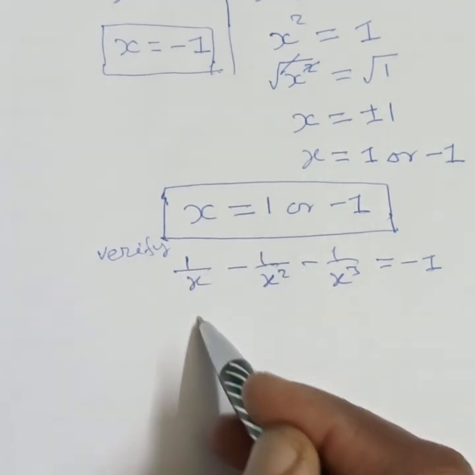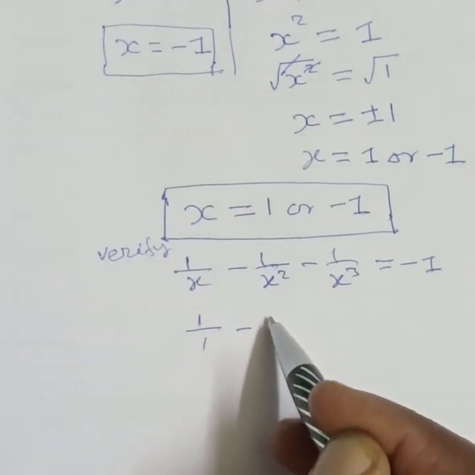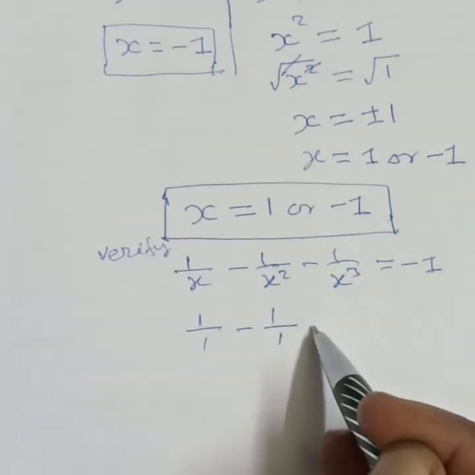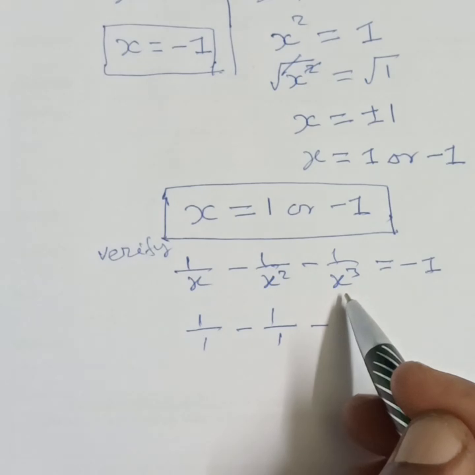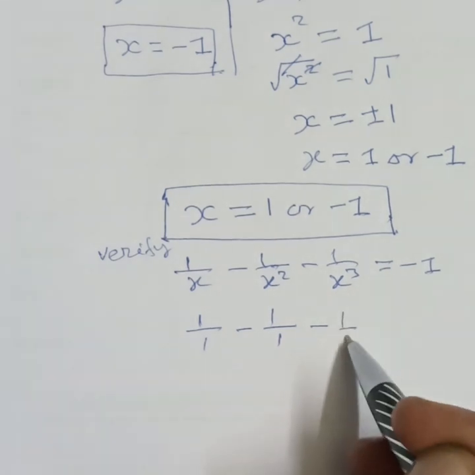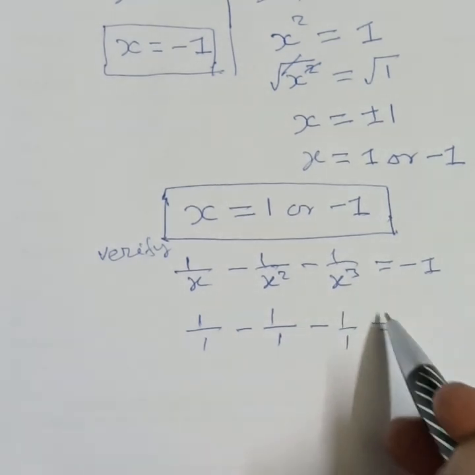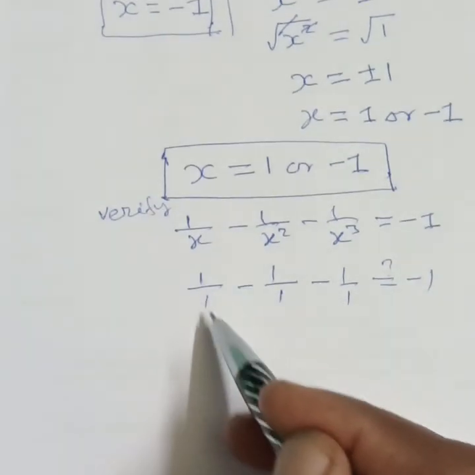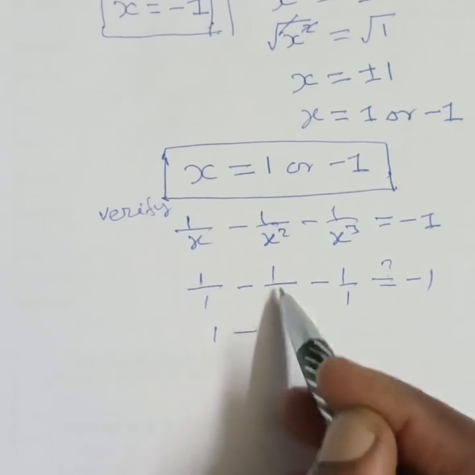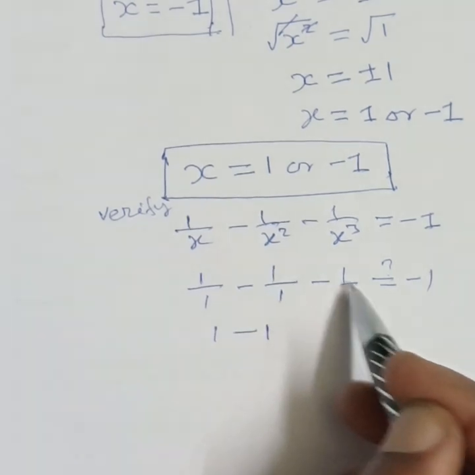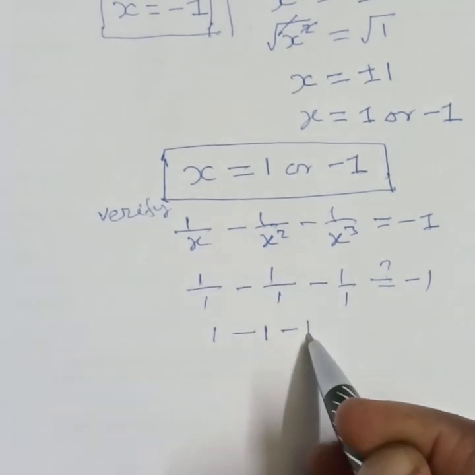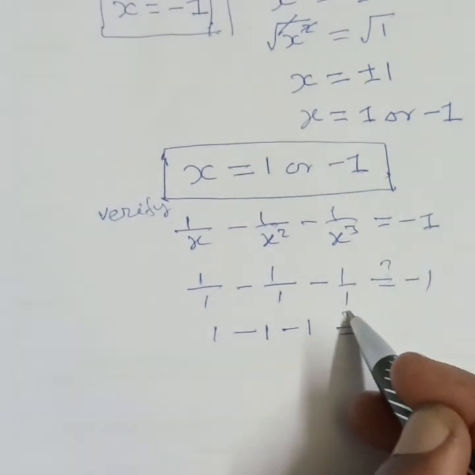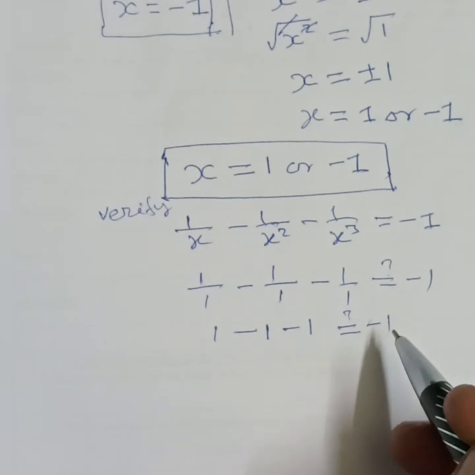Then we get 1/1 − 1/1² − 1/1³ is equal to −1. This is 1 − 1 − 1 is equal to −1.